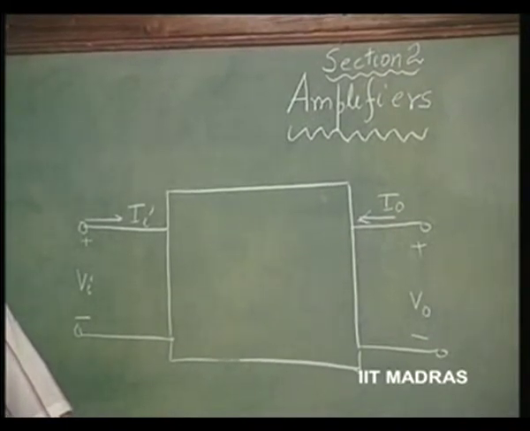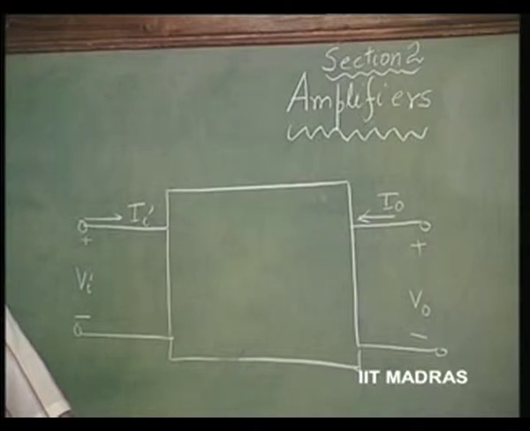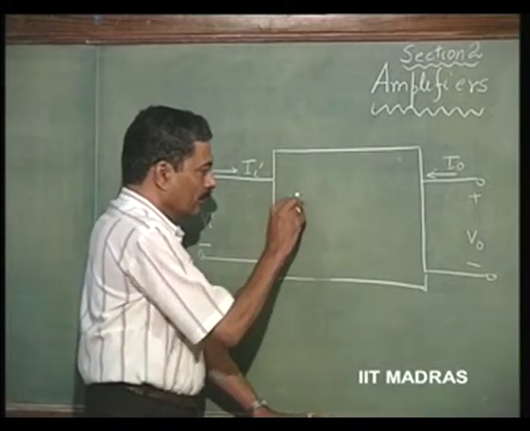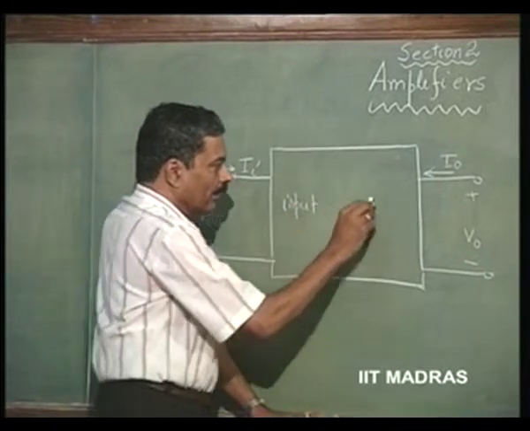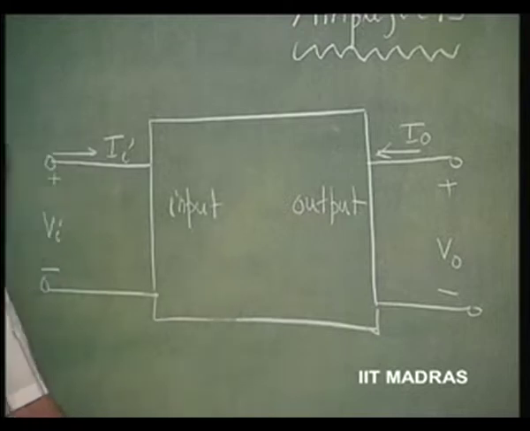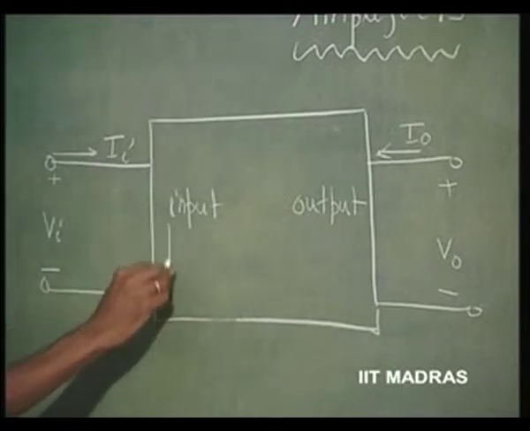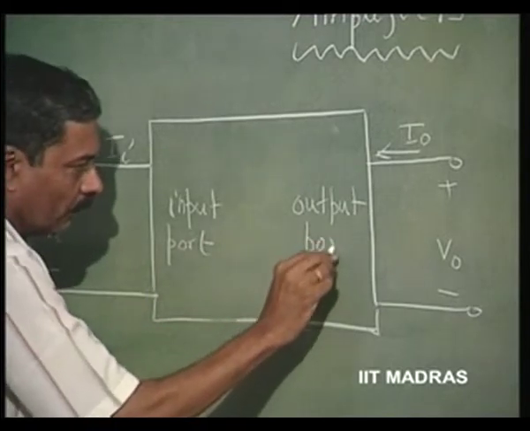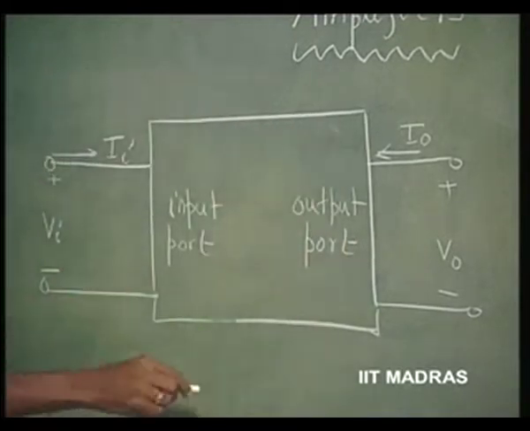There should be an input port, or input pair of terminals, and there should be an output pair. This is called the input port, this is called the output port. This is the black box.